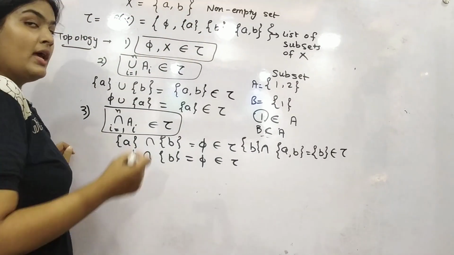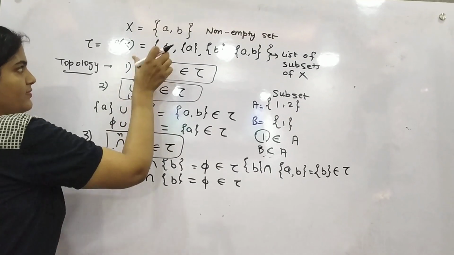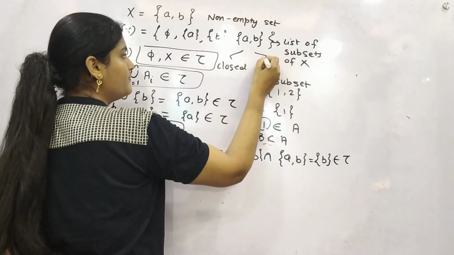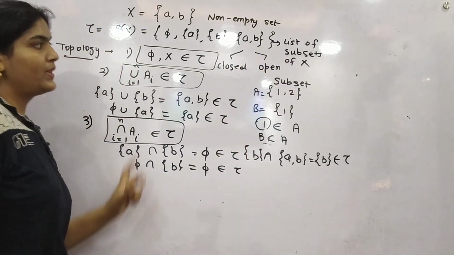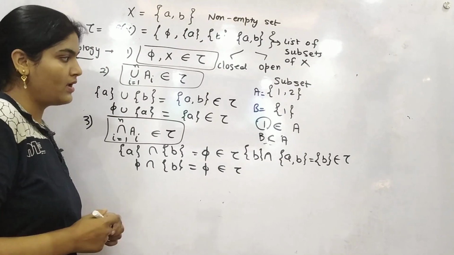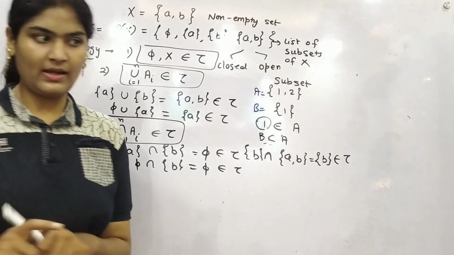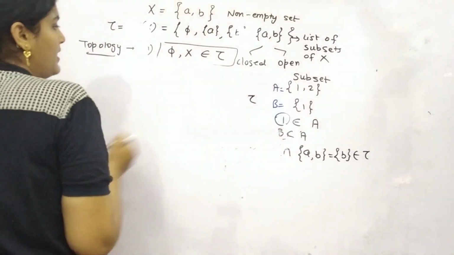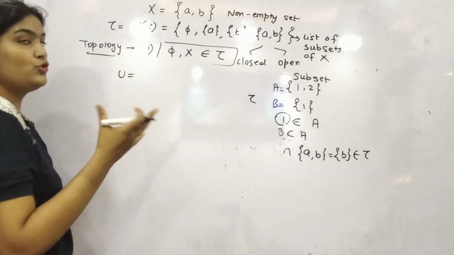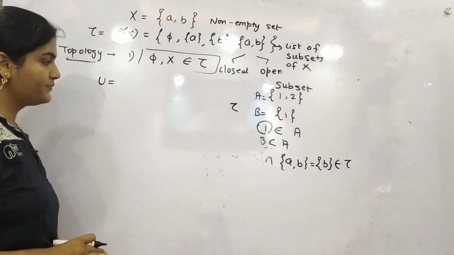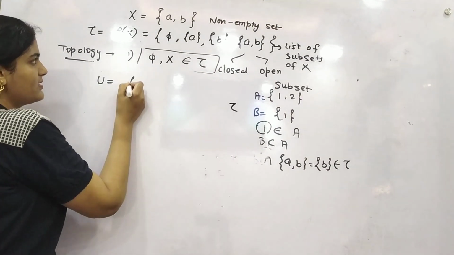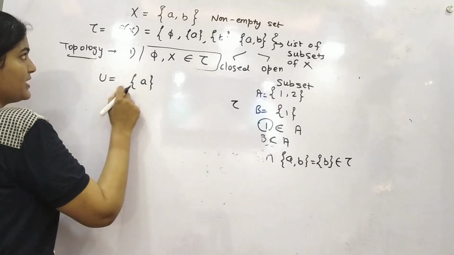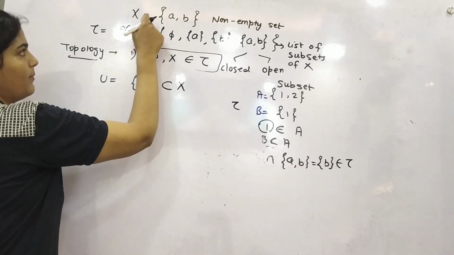Now, there are two types of this topological set. One is closed, one is open. So let me tell you what an open set is. Let's say there is another set which you want to check whether it is closed or open. You have another set, let's say A, any other set which is a subset of your main non-empty set.